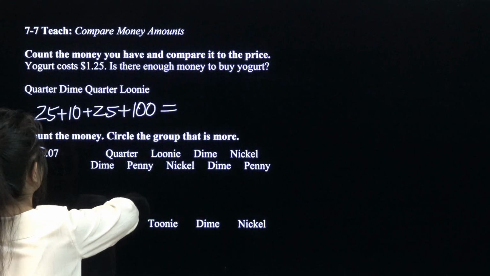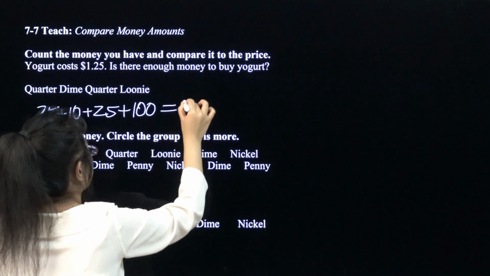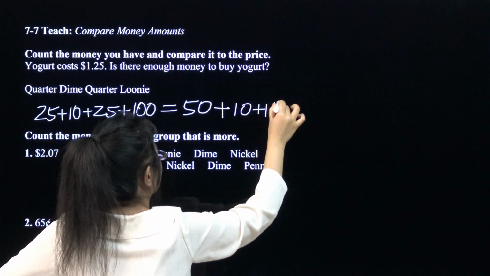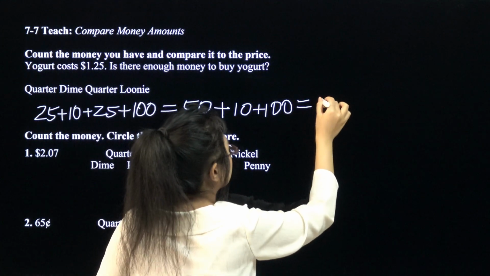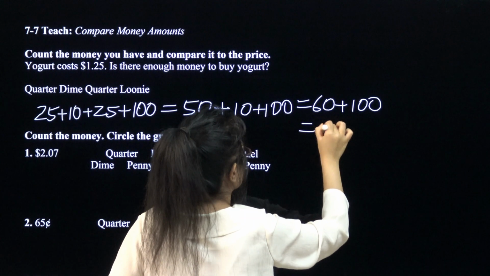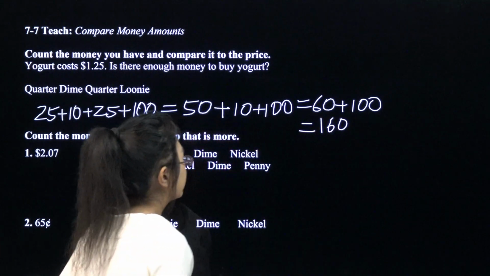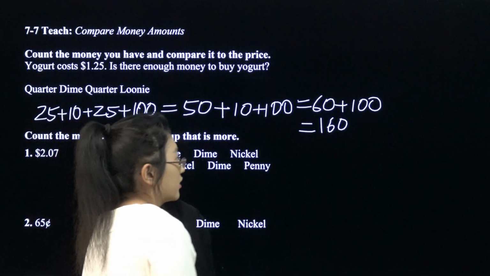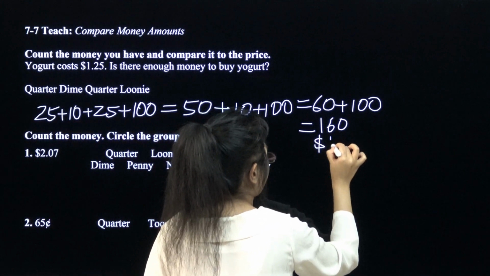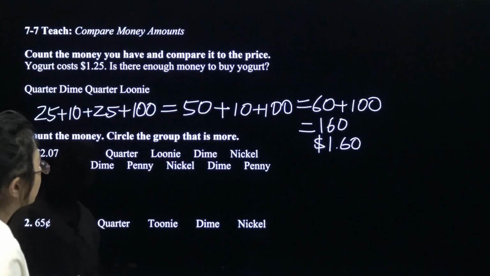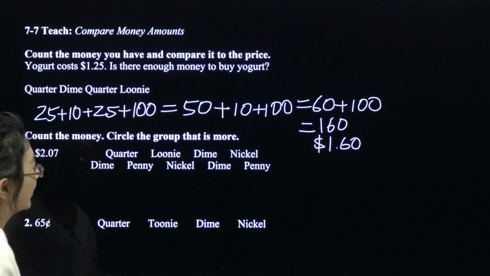And that is 50 plus 10 plus 100, which is 60 plus 100, which is 160 cents. And 160 cents is equal to $1.60. That is more than $1.25.